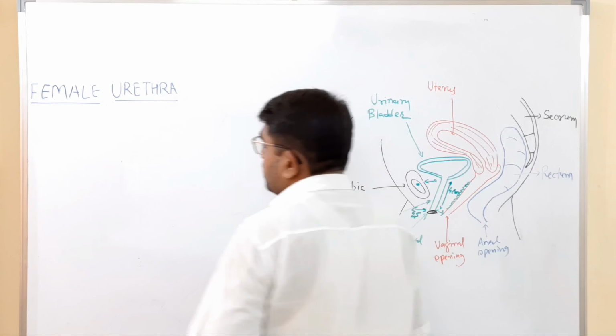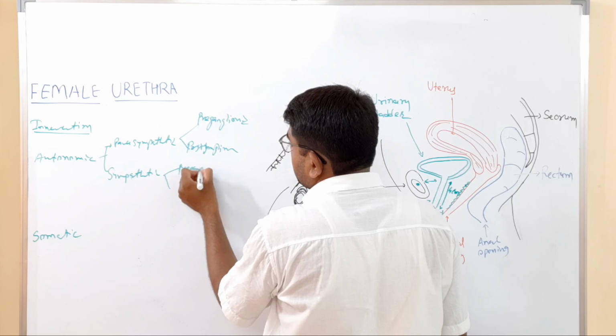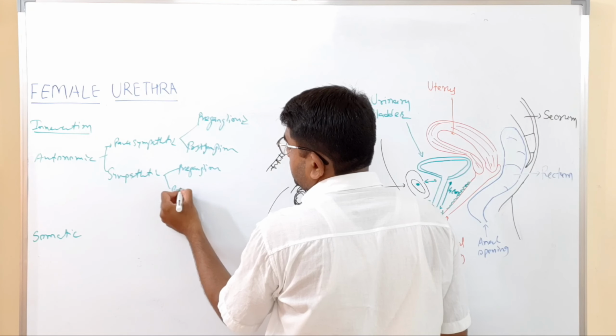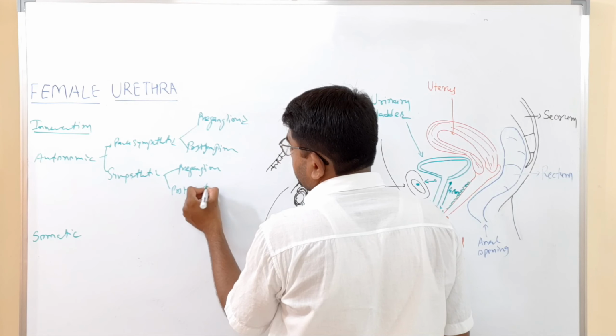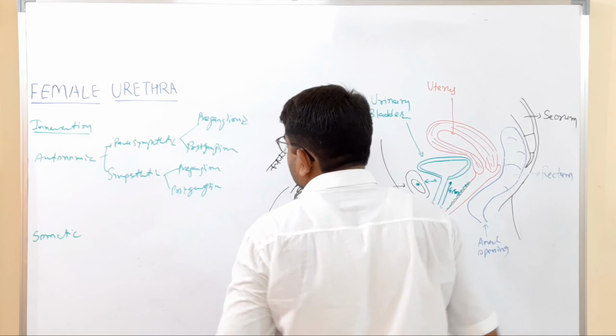So the parasympathetic preganglionic and postganglionic, then the sympathetic also, the preganglionic and postganglionic.